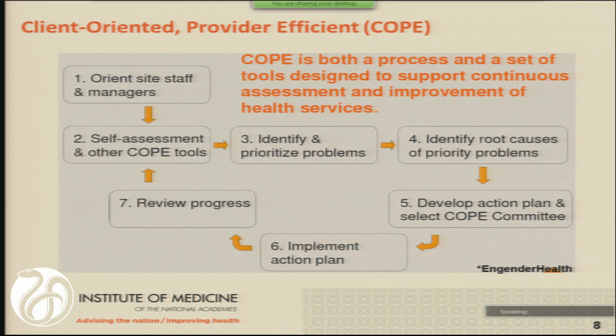Third, a problem identification process and prioritization of these. Fourth, working backwards to identify the root causes of these problems, and then developing an action plan and having this agreed by the committee, and then developing an implementation plan to act on the actions that have been identified, and then completing the loop by reviewing the progress, and then going through the cycle again.